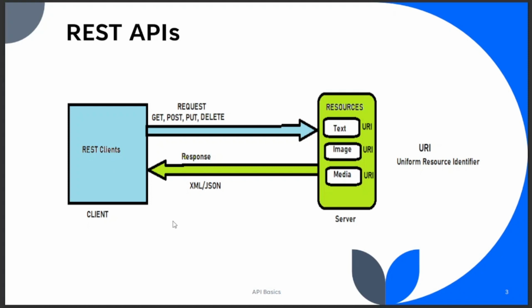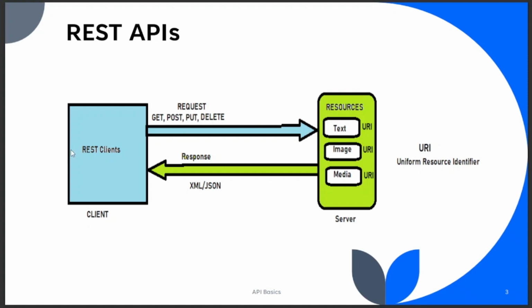REST always follows client and server architecture, guys, and there could be multiple layers in the REST architectural style. Multiple layers means between client and server there could be multiple intermediate servers. The client will only know about the next immediate layer, this server. If this server is internally getting some data from another server and sending a response back, the client will not have any visibility of any other third-party server lying there.